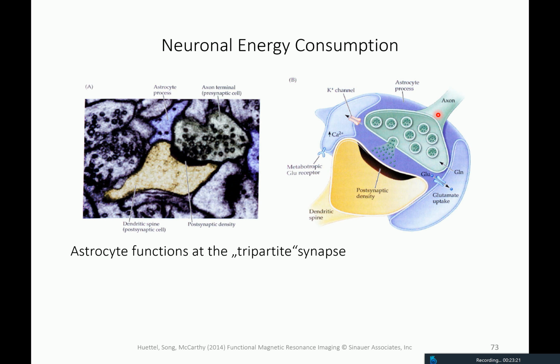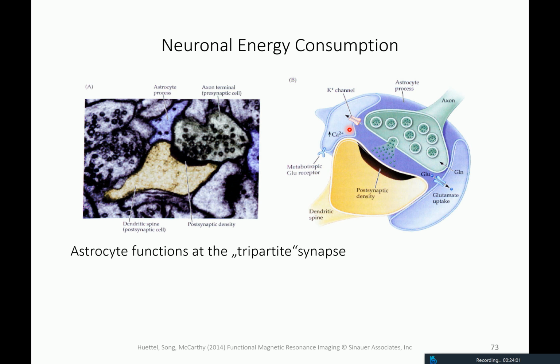So here: presynaptic neuron, postsynaptic neuron, and around it an astrocyte, which is located there to likely do things like taking up neurotransmitter that is released into the synaptic cleft and recycling that, providing the synapse again with glutamate, and also regulating the ion milieu and concentration of the minerals there.